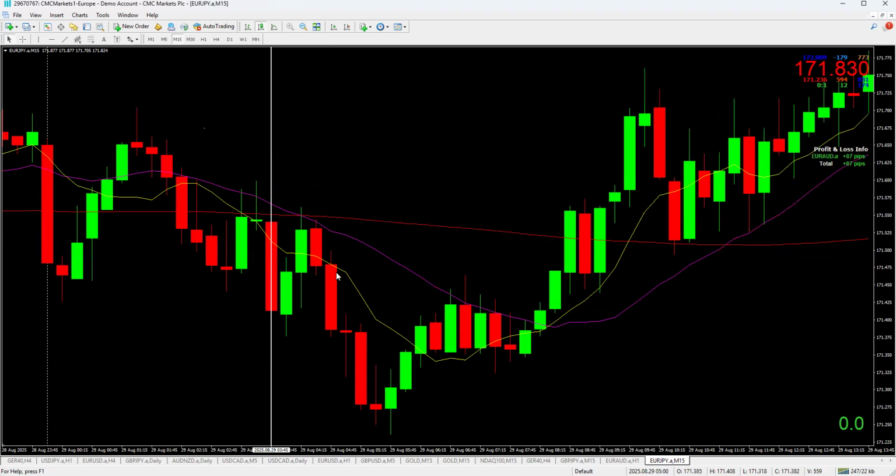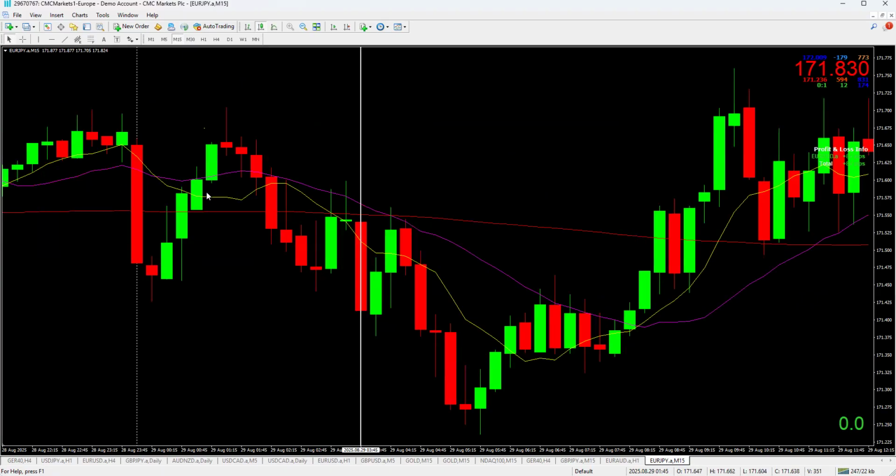We can see here the crossover of the 8. Okay, I hear Peter basically made the same mistake as I did. It's not the 10, it's the 8 moving average. So around the Asian session there was a crossover here.